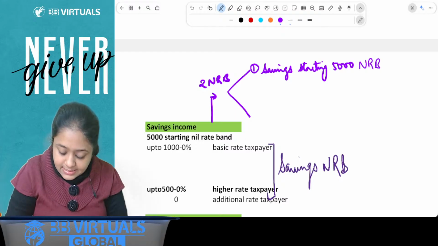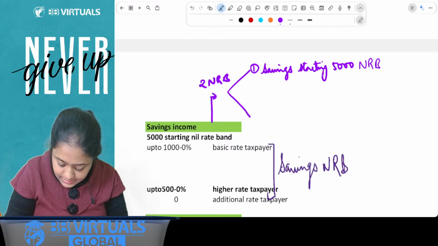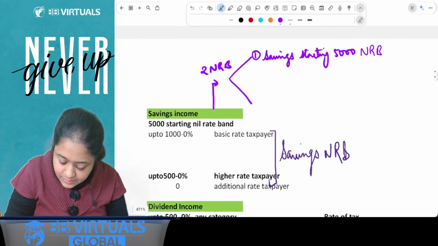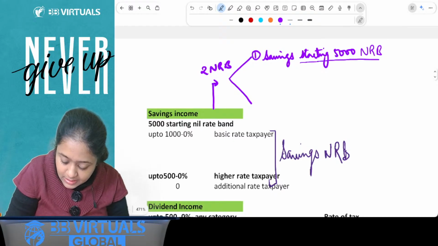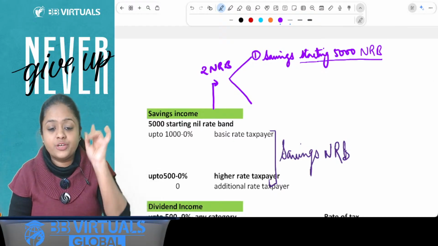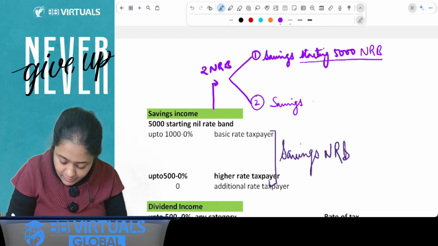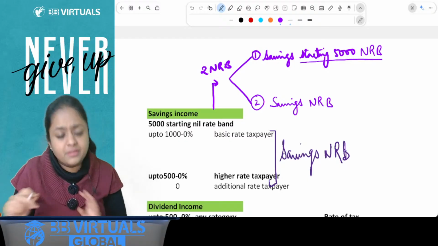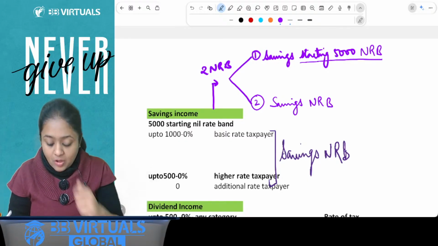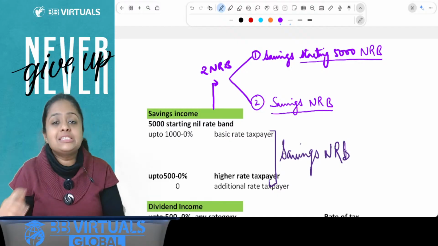So we call it the savings starting 5,000 nil rate band. This is the first nil rate band. And the second nil rate band is the savings nil rate band. Simple. Now, what is the starting nil rate band?